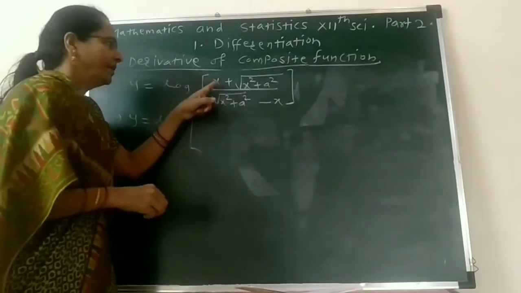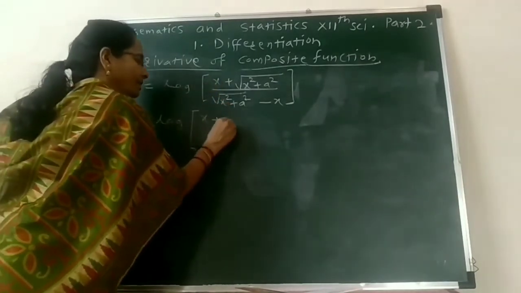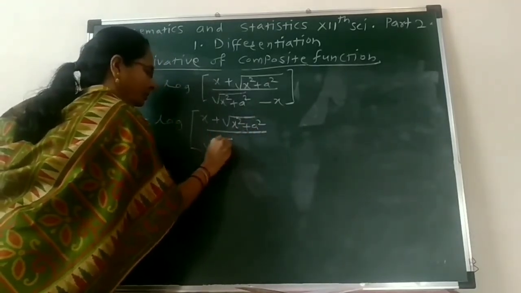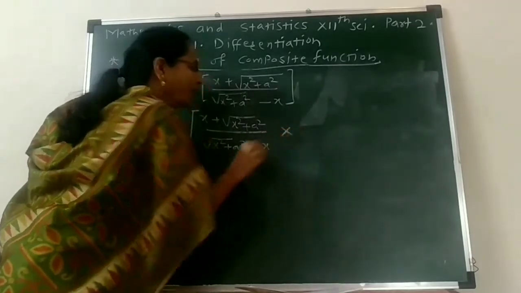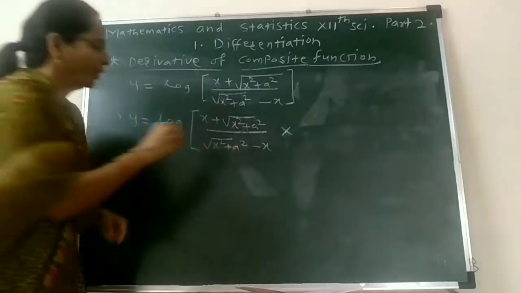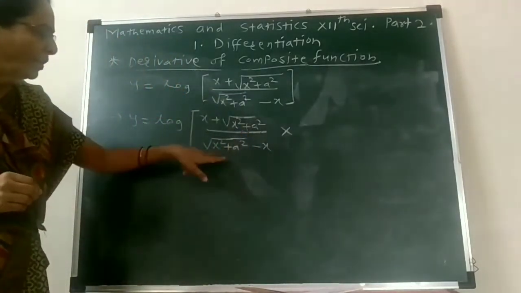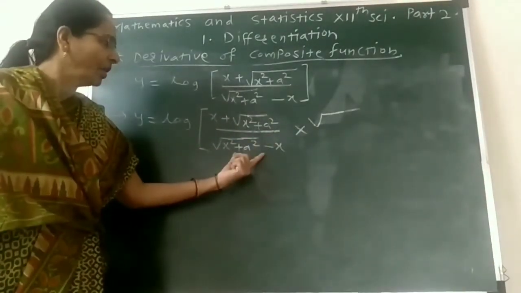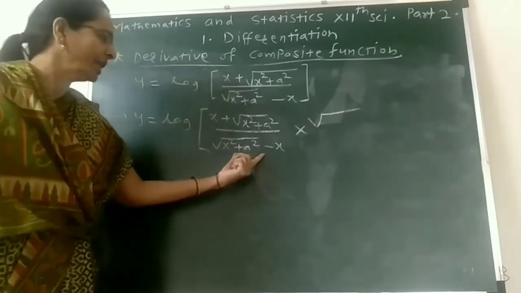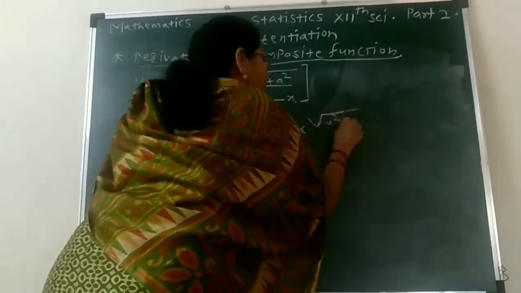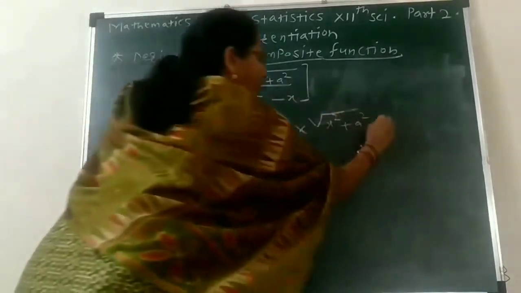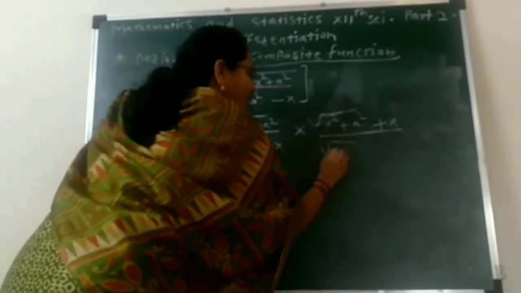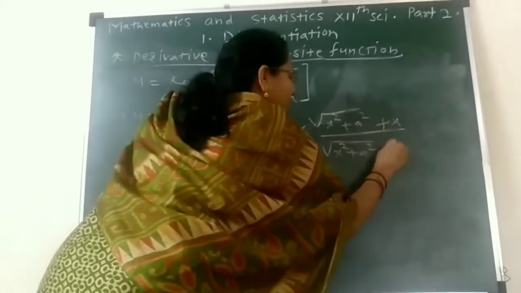In this way, write first this term, x plus root x square plus a square, and multiply and divide by the complex conjugate of the denominator. The complex conjugate is root x square plus a square plus x. Multiply and divide by that term.